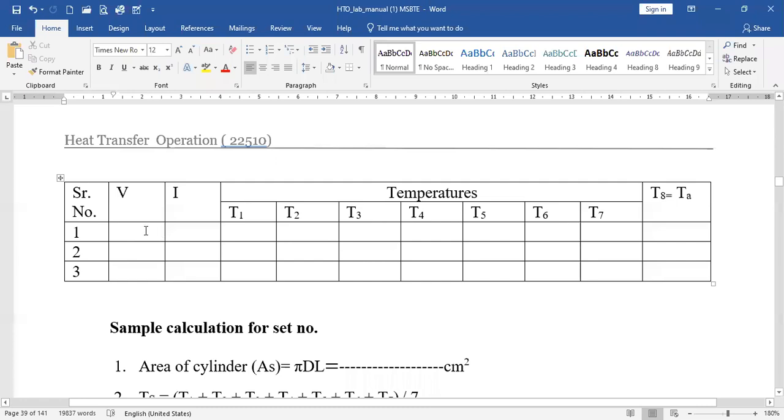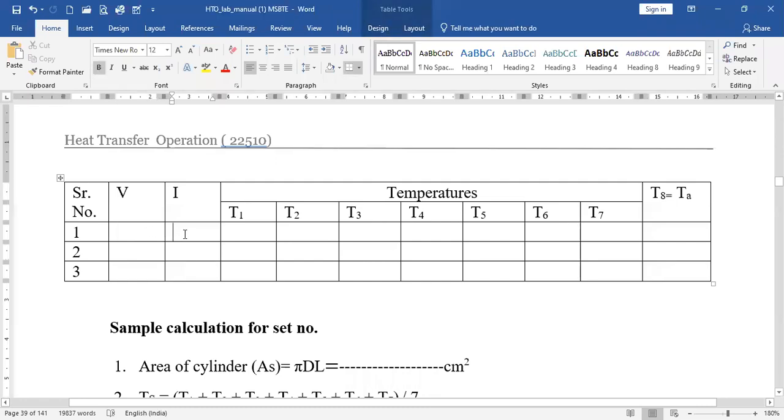Then you have to measure the voltage, the current, and the temperature readings from T1 to T7, which are the copper tube surface temperatures, and T8, which is the ambient temperature. All these factors should be measured and recorded in this table. If you change the voltage, you write the readings in the second row. If you again change the voltage and observe the temperatures, you write them here.